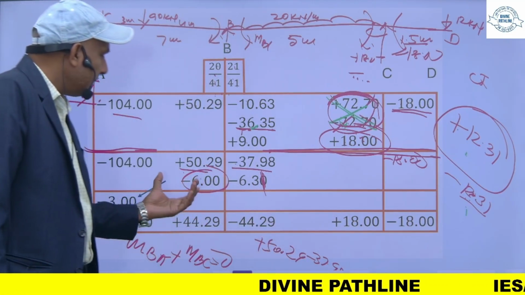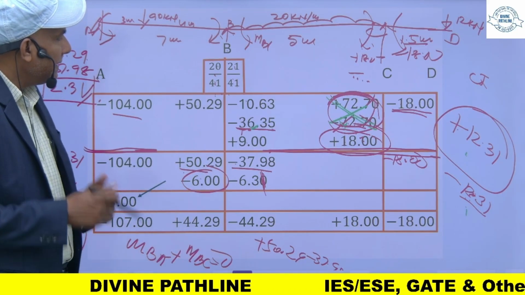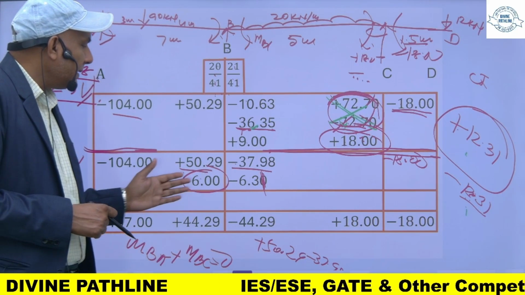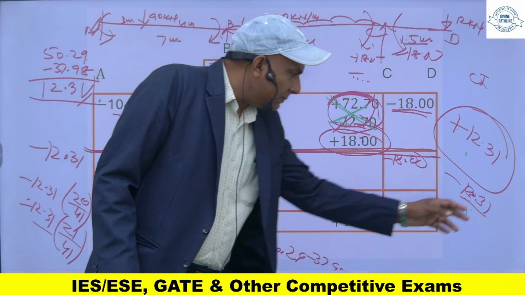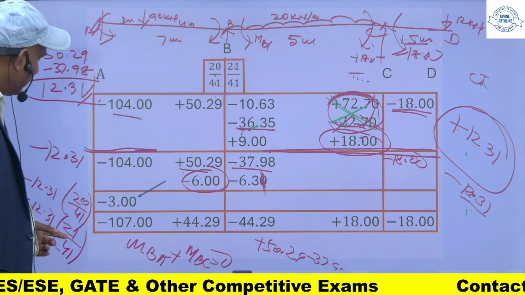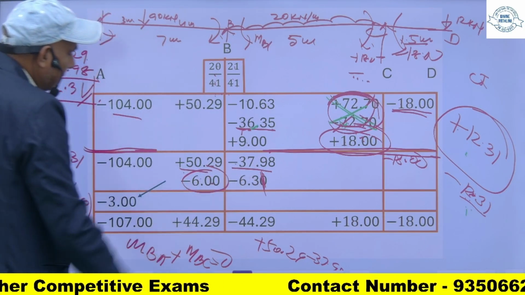So this is my correcting moment, and this applied correcting moment will get distributed in this part and this part according to the distribution factor. You will multiply this by the distribution factors 20.41 and 21.41, so you will get this one.